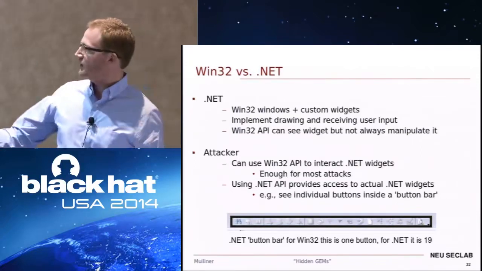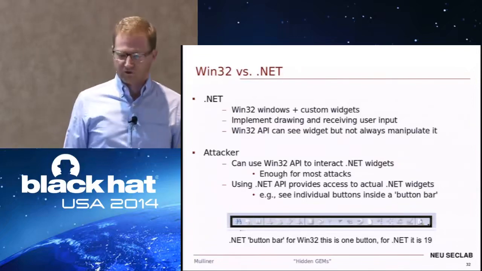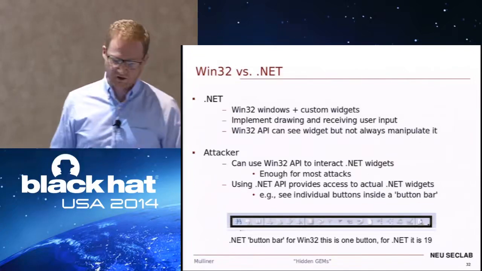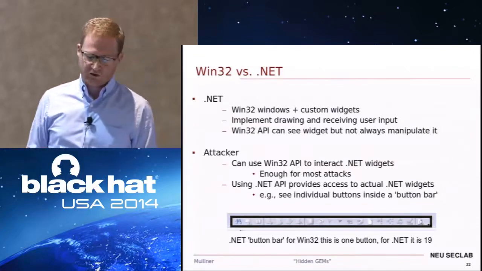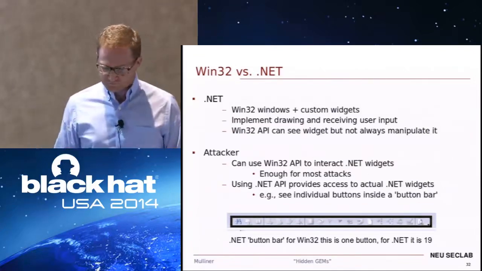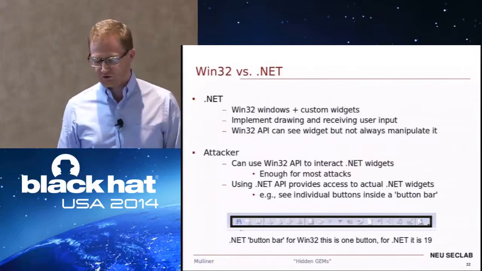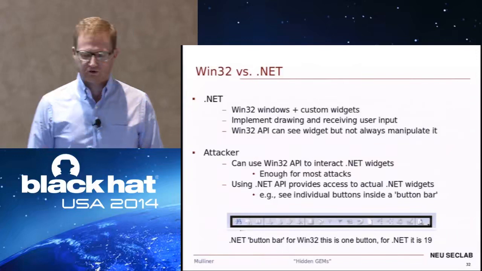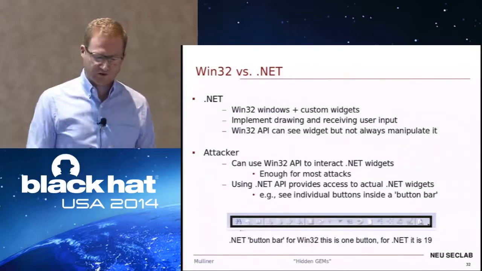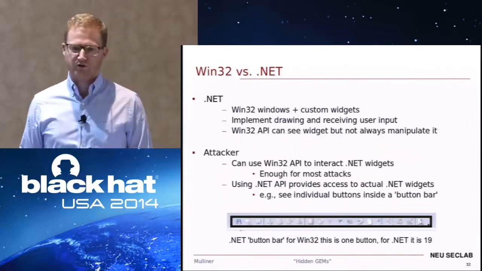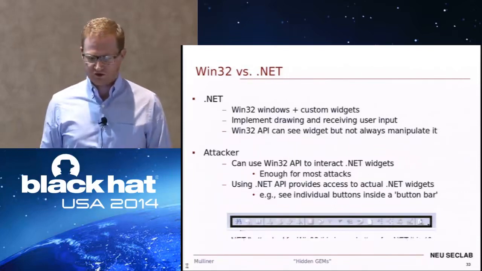Win32 sees this entire black box as one button, while .NET says, hey, that's a button bar, this is 19 buttons. With the Win32 API, you could only address the entire thing. For us, this was not really an issue for our tests, but more sophisticated attacks might need to incorporate UI framework specific functionality.